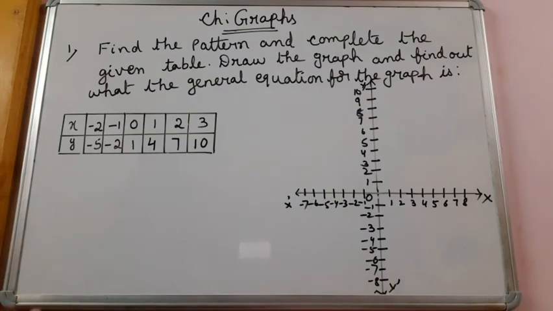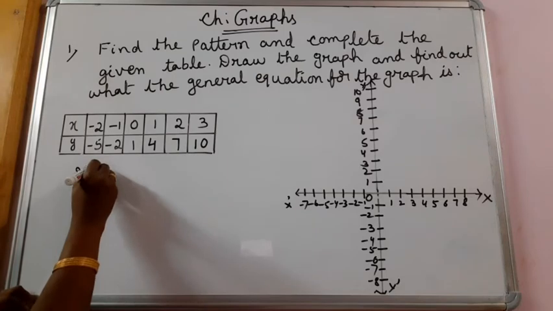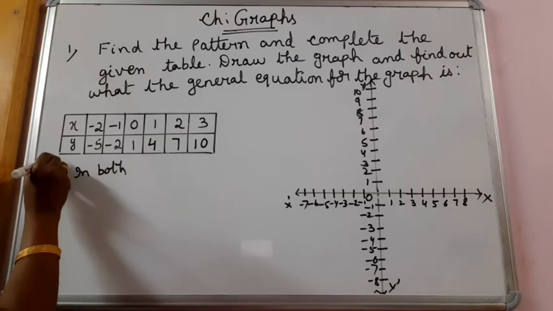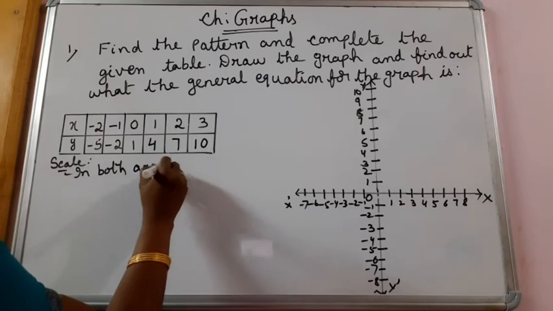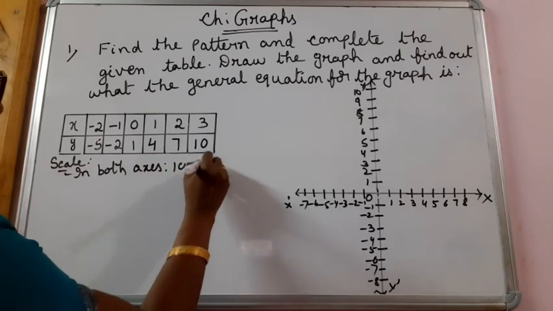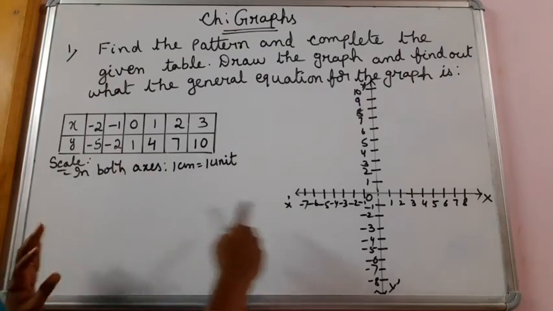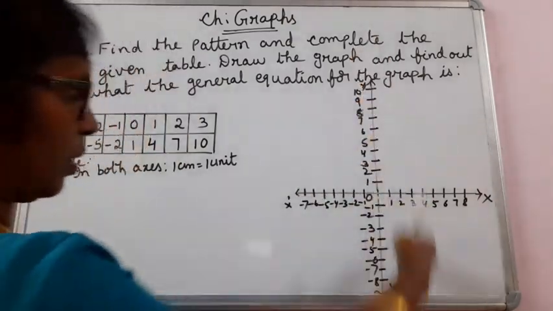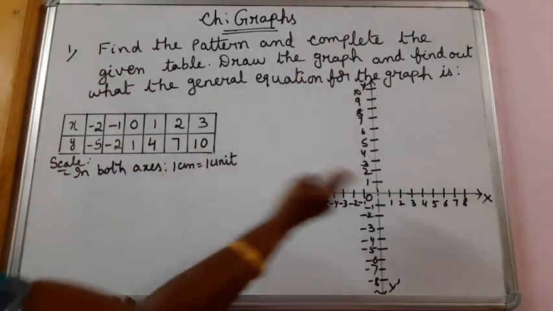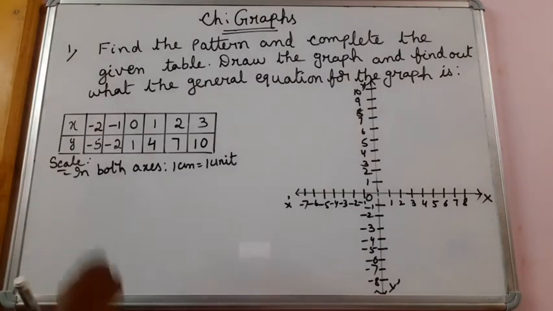Let us plot these points, and before that, let us take the scale. In both axes, let us take 1 cm equal to 1 unit. I hope the graph paper may have 15 cm squares, so the length is 15. So 10 this side and 5. So 1 cm equal to 1 unit we can take easily.